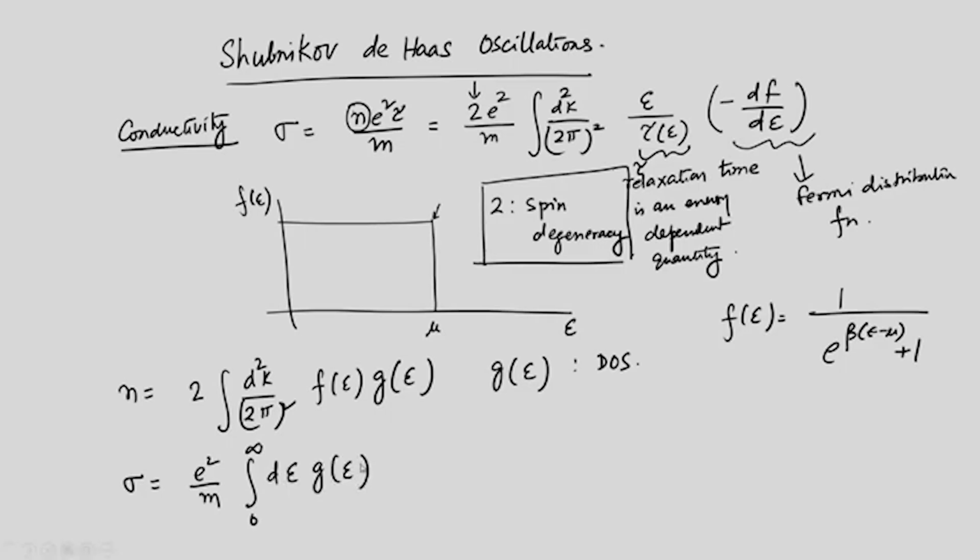When I convert this momentum variable to the energy variable, I will bring in this density of states and minus df/d epsilon, and as I said, the minus df/d epsilon is nothing but a delta function.